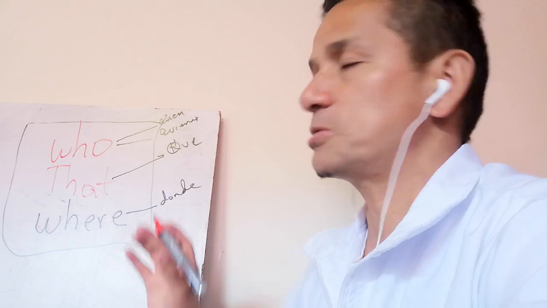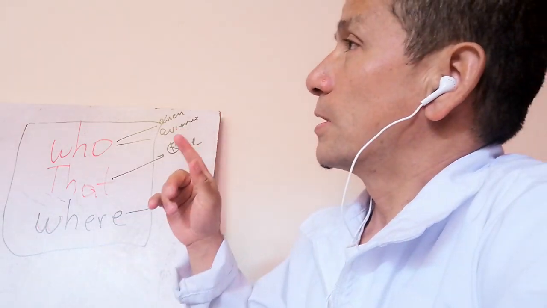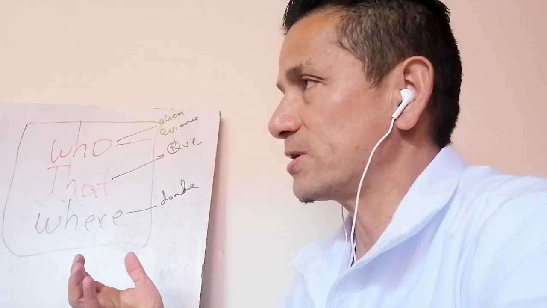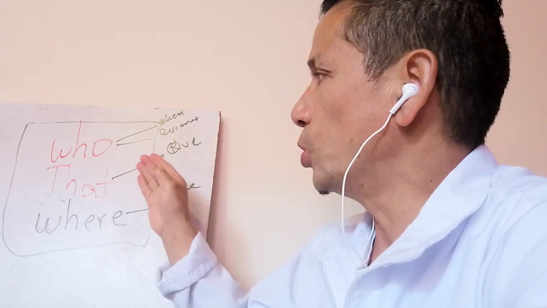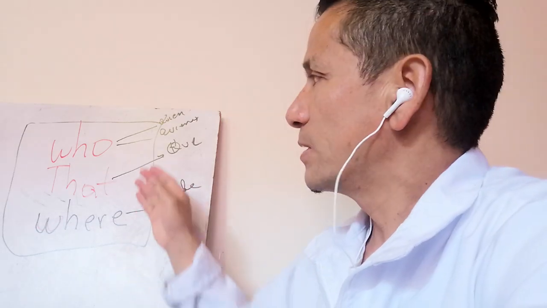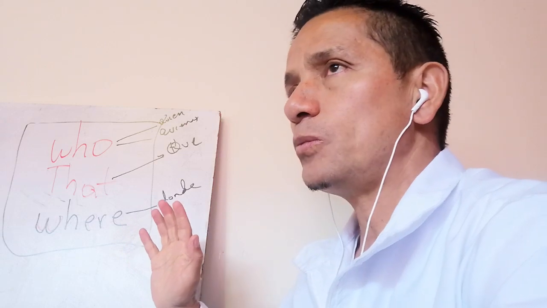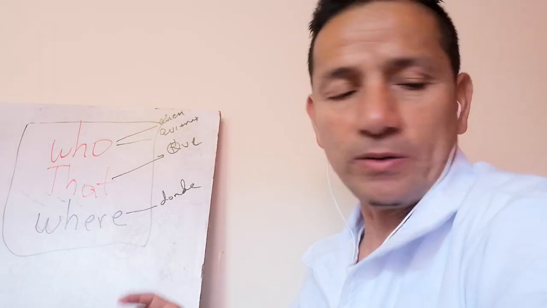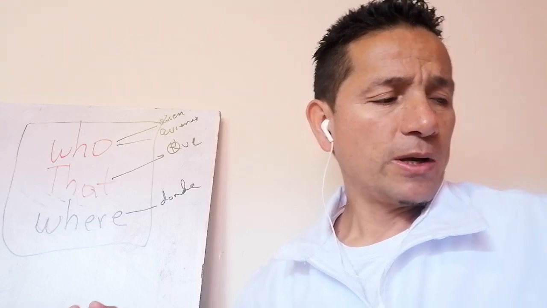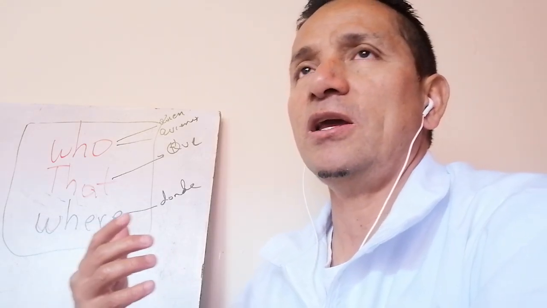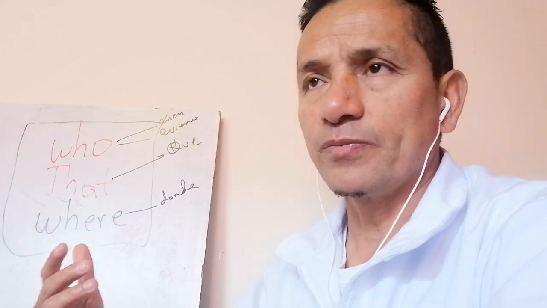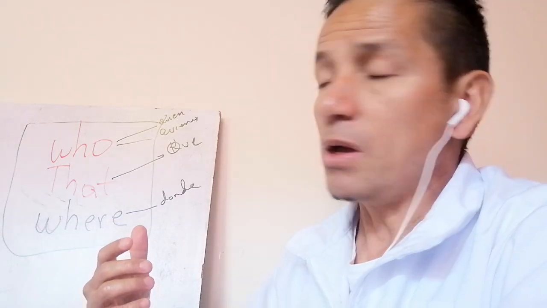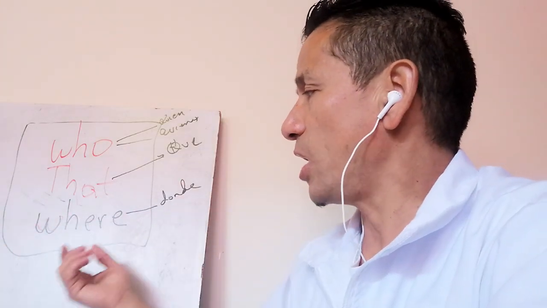Let me explain to you in Spanish, perhaps you understand. Las oraciones en español serían como oración. Clause quiere decir oraciones. Pero estas tres palabras, who, that y where, en términos generales se utilizan para unir oraciones. ¿Sí? Entonces, por ejemplo, aquí el libro nos dice: Bella is a shy girl.